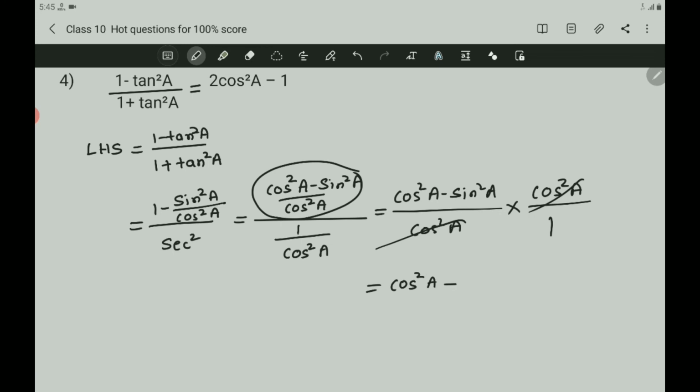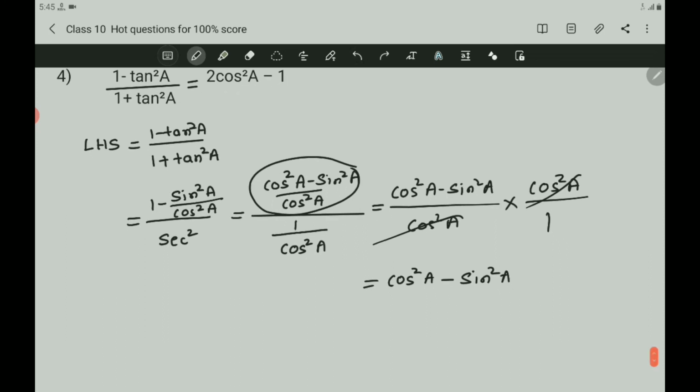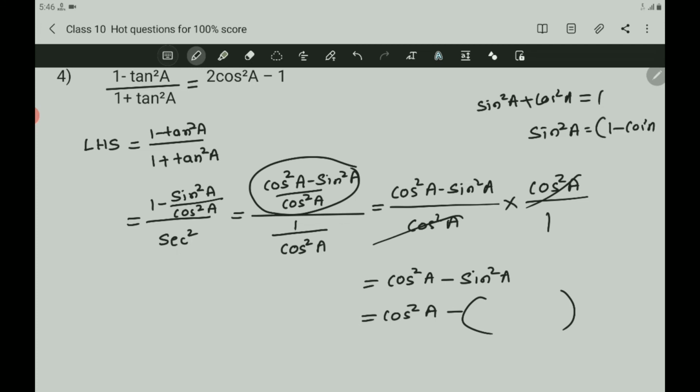cos²A minus sin²A. Here we have to express this in terms of cos only, so you convert this sin into cos. That becomes cos²A minus... you know that sin²A plus cos²A equals 1, then you can write sin²A equals 1 minus cos²A.